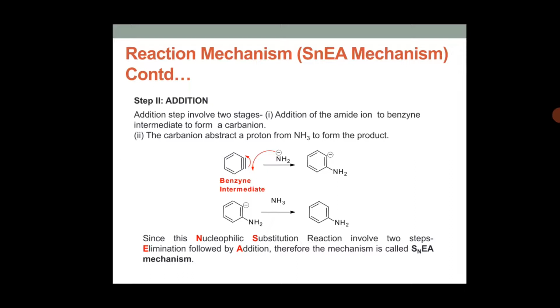Therefore, this mechanism is called SNEA mechanism. SN stands for substitution nucleophilic. E and A stand for elimination followed by addition mechanism.